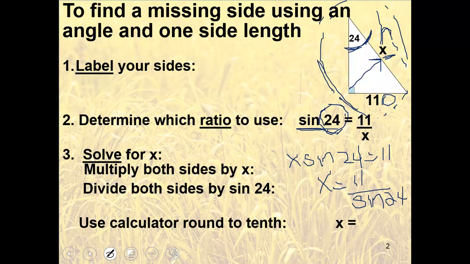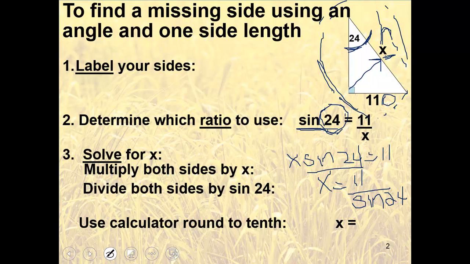Remember that the sine of 24 is just a number. Remember when we were working with literal equations and we said anything that's not the variable, we just treat as a number? Well, this is a number, and you're just going to divide by it. Everybody pull out your calculator. It's a good idea to have your calculator for these lessons.